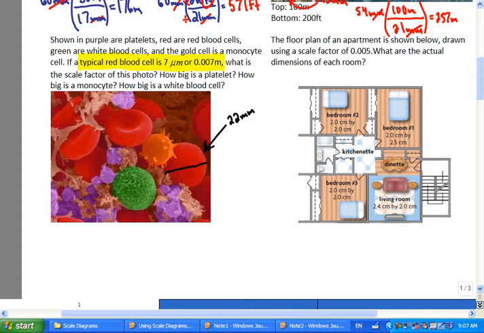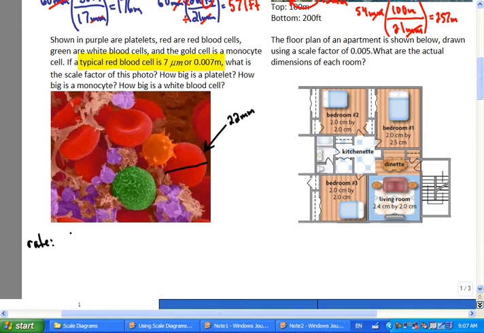So let's try to figure out how big the platelets are and how big a monocyte is. Before we do that, 22 millimeters gives us some sense of the picture. We can come up with a rate, and I'm just going to write that down here.